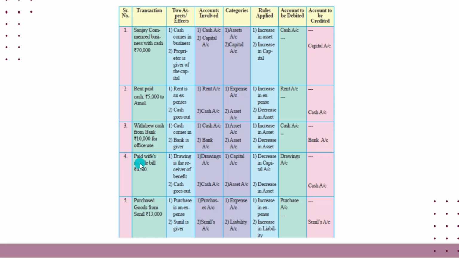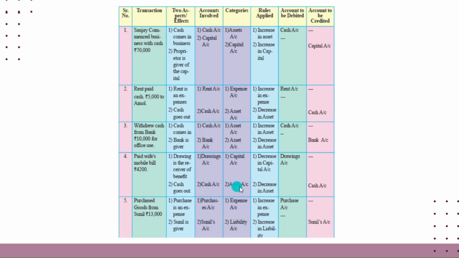Fourth, paid wife's mobile bill rupees 4,200. Now whatever expenses you pay for your personal use, that is termed as drawings here. So drawings is the receiver of benefit. Second, cash goes out from the business. So your first will be drawings account and second will be cash account. Drawings is a part of capital account, so capital account.